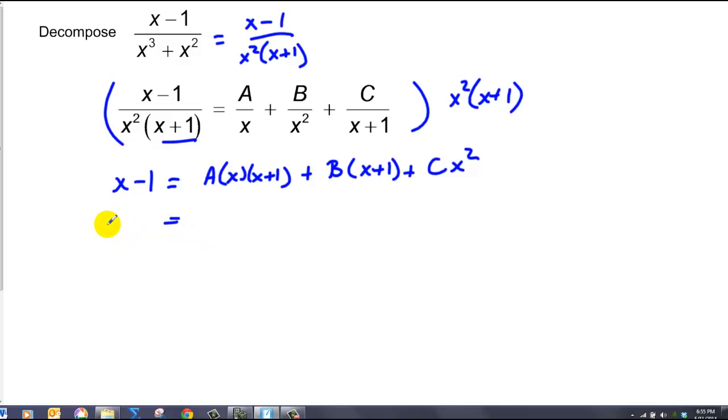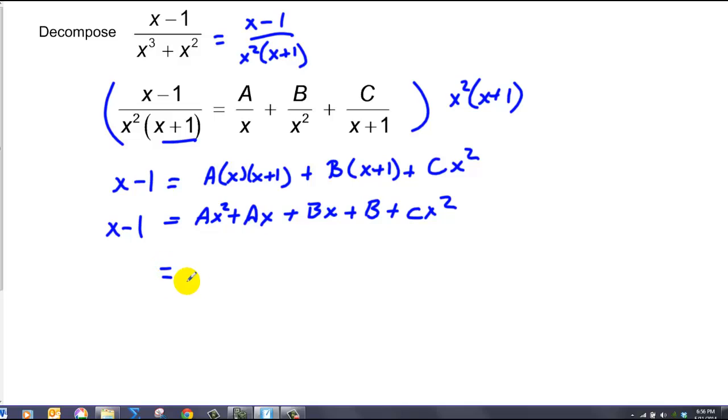Distribute all this out. We get ax squared plus ax followed by bx plus b followed by cx squared.